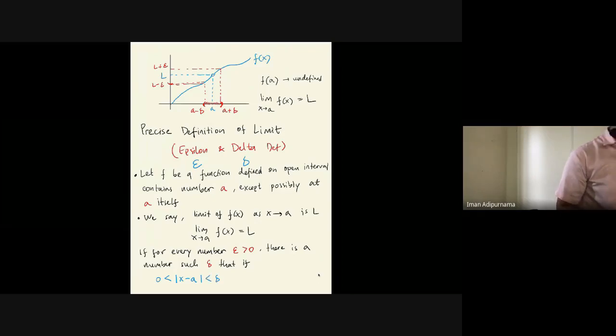the delta will be around this x to a. So what does it really mean?